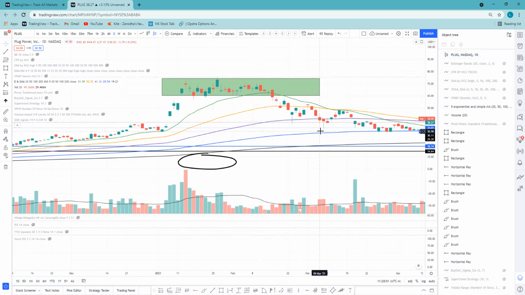The smaller the time frame, the faster the result it gives, because the 200 takes 200 days to move, whereas this one takes only 20 days. Does it make sense here?